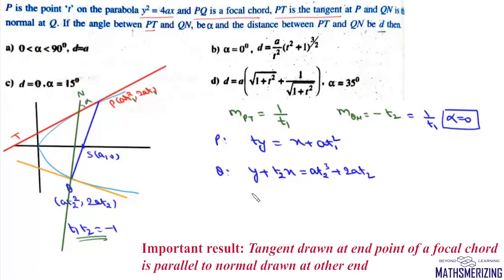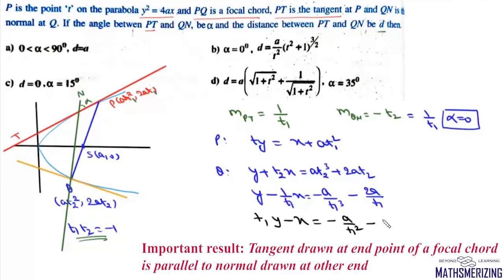So we can write this as y minus 1 upon t1 x equals minus a upon t1 cube minus 2a upon t1. So we can rewrite this equation as t1y minus x equals minus a upon t1 square minus 2a.